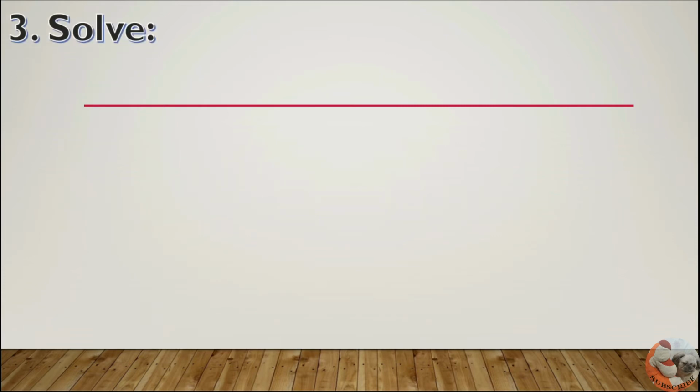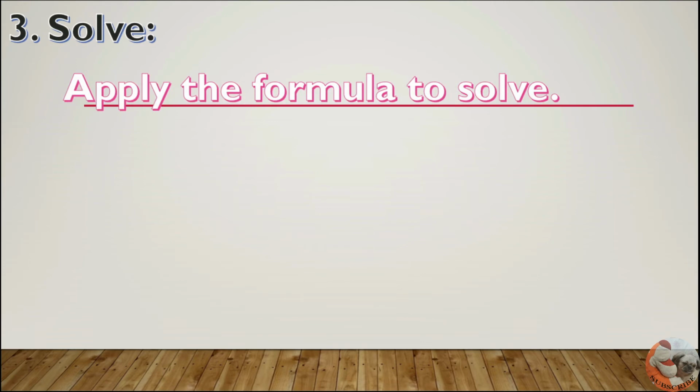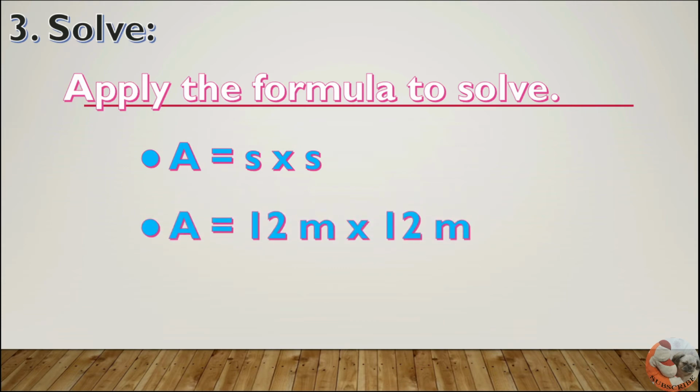Number 3, solve. Apply the formula to solve. We have the formula for finding the area of a square. A = S × S. S is the side of the square. A = 12 meters × 12 meters.